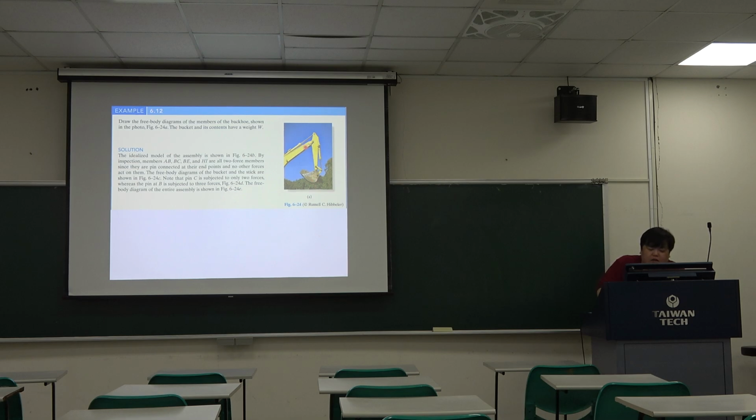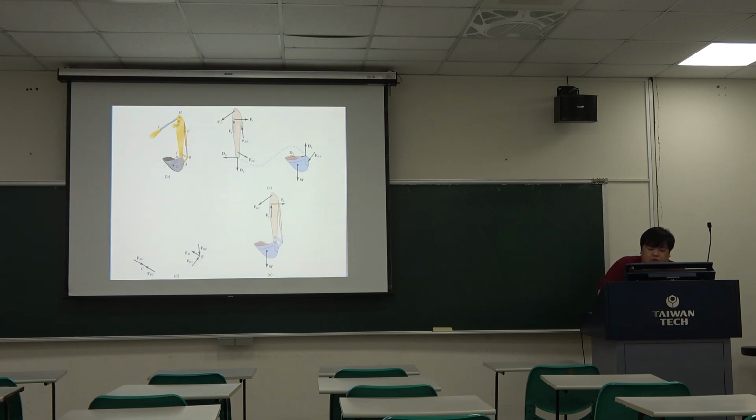And I think we can see this backhoe have so many members. Okay, that's this part, like this part, like this part, and like this part. And also have this part and the bucket and content. Okay, so we have so many parts to need to draw.